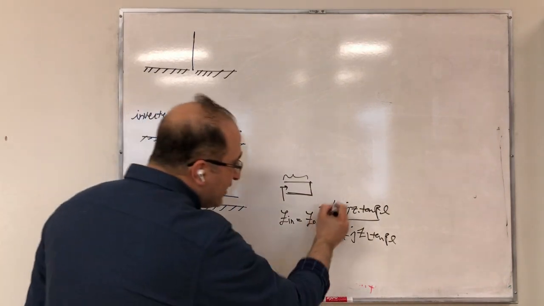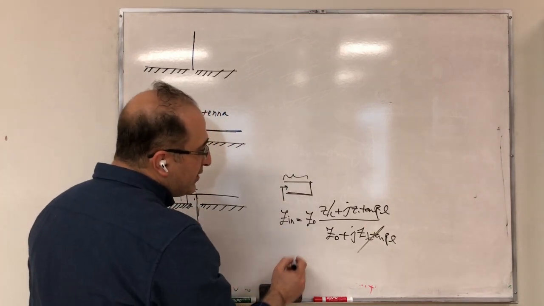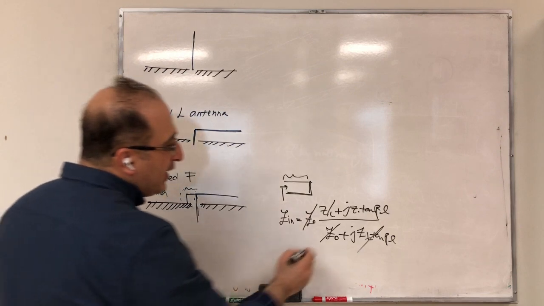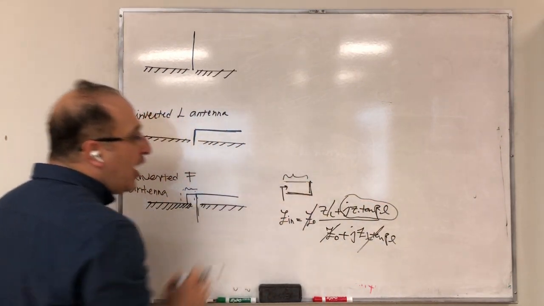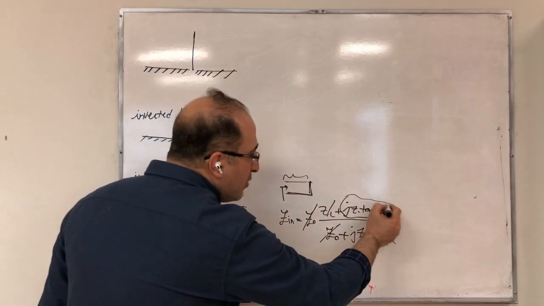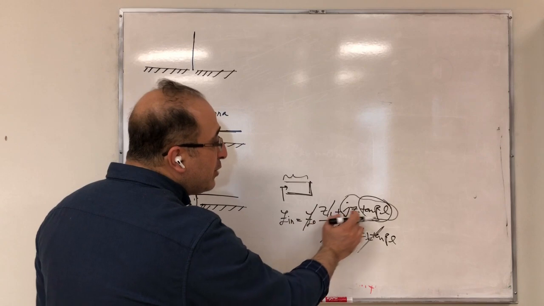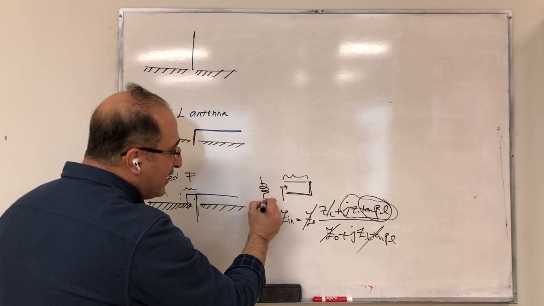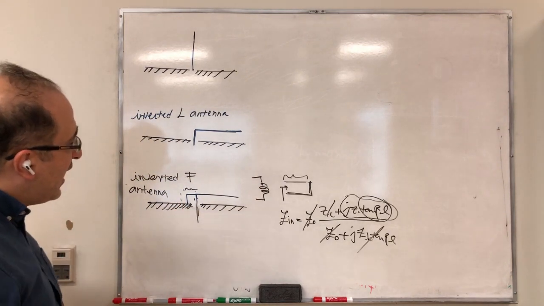We know that ZL goes to 0, so we can ignore ZL because that's a short circuit. Z naught and Z naught cancel, and you get j Z naught tangent beta L. Because this is tiny, this becomes essentially positive. So your Z in becomes a positive j, which is similar to an inductor. So this part you may think of as an inductor.